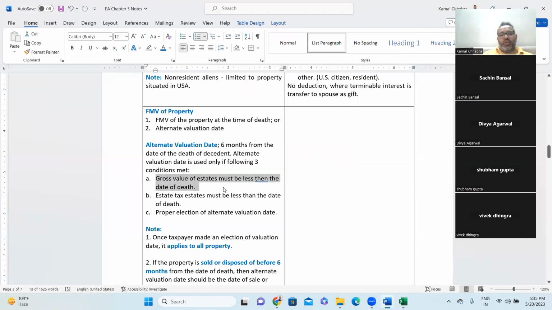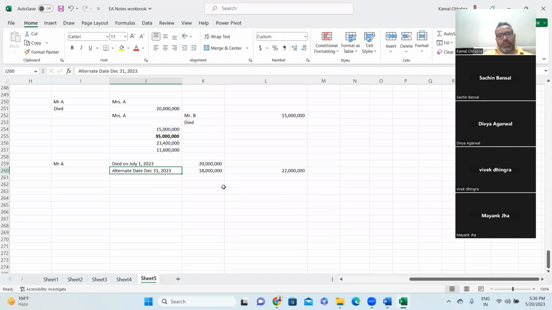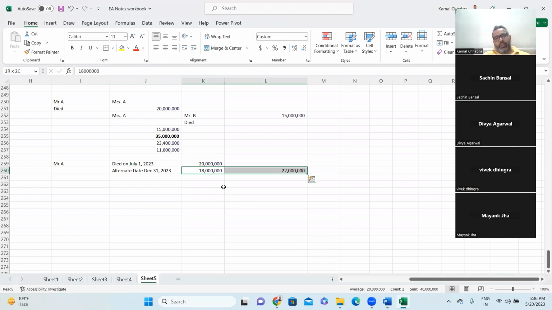That means you will choose the alternate date only and only when your estate value is less than the date of death value. Make sense? So in this example, in which scenario will you choose the alternate date, $18 million or $22 million? $18 million, right? Because $18 million is less than $20 million.